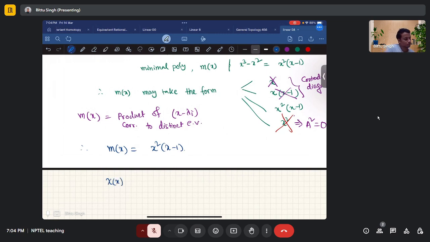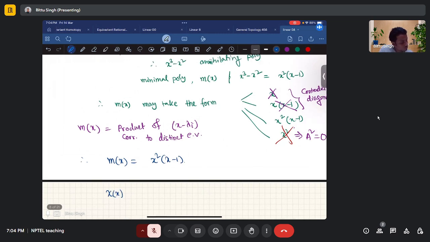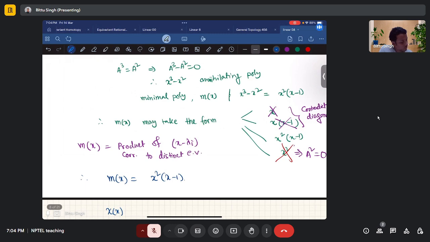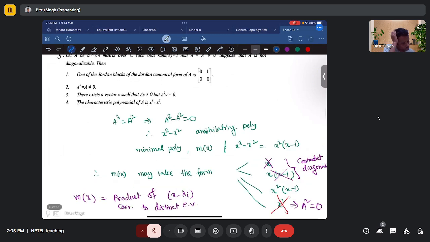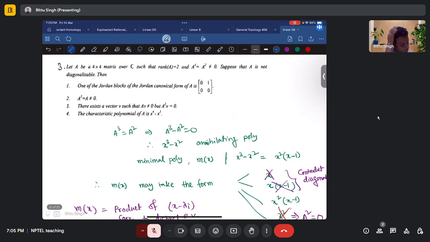What will be chi x? So again, the characteristic polynomial contains those 0 and 1. Now it may happen that it is degree 4. So those 0 and 1 are the distinct eigenvalues. Okay, so without using that fact, one of the Jordan blocks of the Jordan canonical form of A.